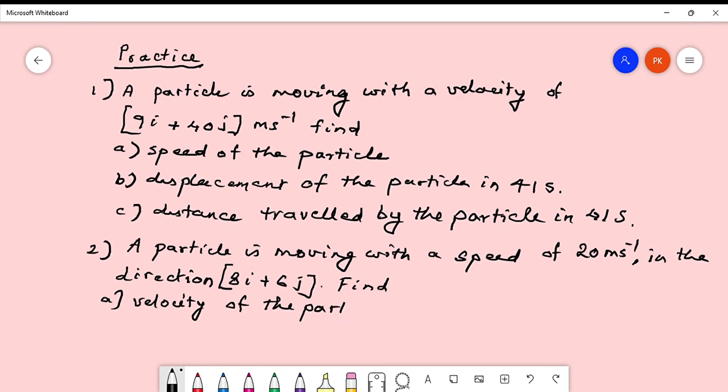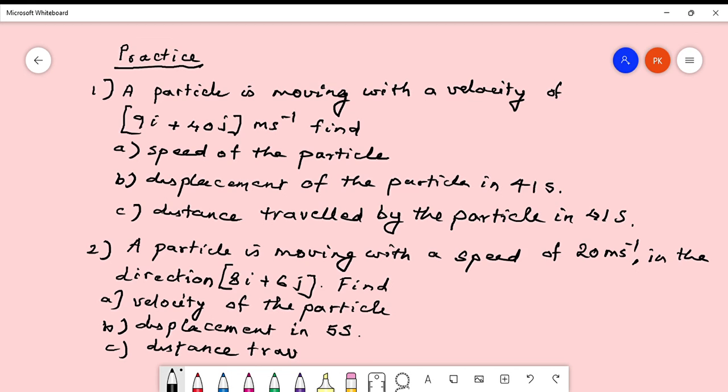Part B, displacement of the particle in 5 seconds, and the distance traveled by the particle in 5 seconds.